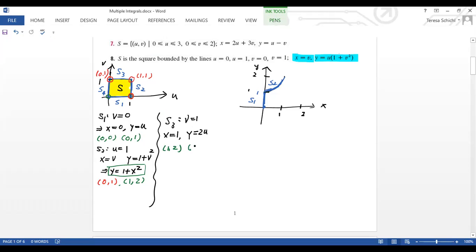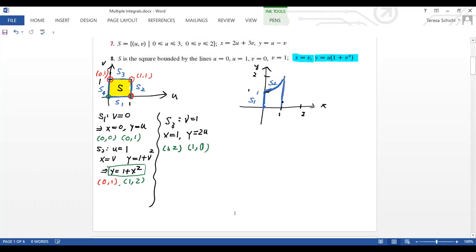So this point going to give you 1 and 1 plus 1, x equal to 1. So this point will give you 1, 1. Okay, then 1, 0, because u is equal to 0, y equal to 0. Okay, so now this is my other point here. So 1, 2 is here, 1, 0 is here, right? So this is my third one here, right?